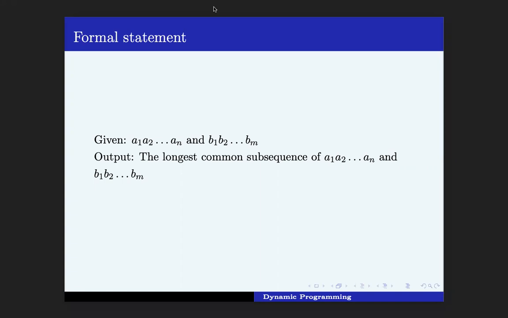This brute force method might not work, because let's say in the second sequence we have A1, A3, A4, A5, A6. Then in this brute force method, what we will find is A1, A2, and that won't be the longest common subsequence. And we know that the longest common subsequence does include A1.